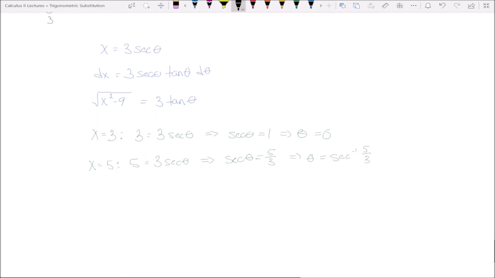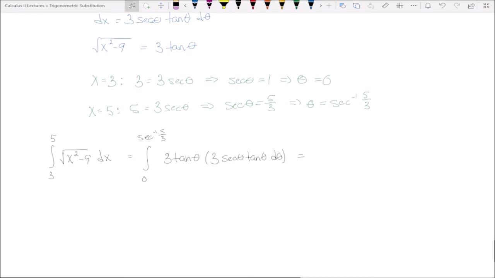What we now get is the integral from 3 to 5 of the square root of x squared minus 9 is the integral from 0 to the inverse secant of 5/3 of 3 tangent theta times 3 secant theta tangent theta d theta.